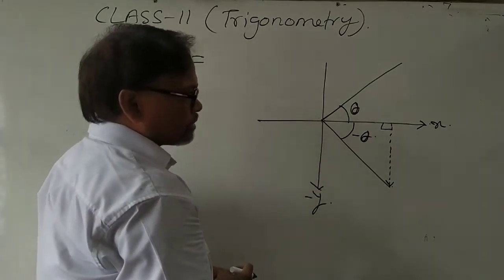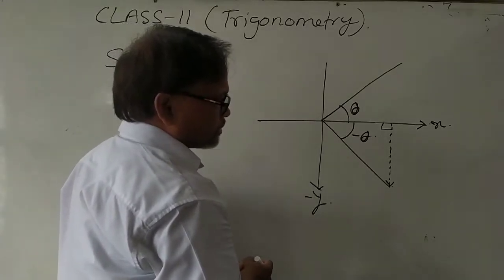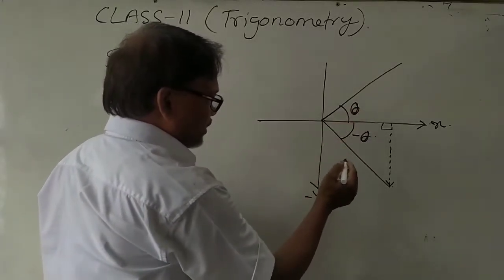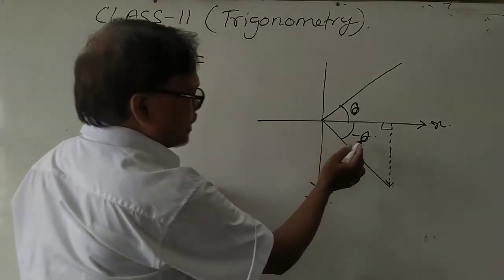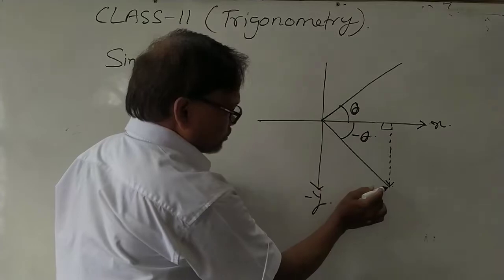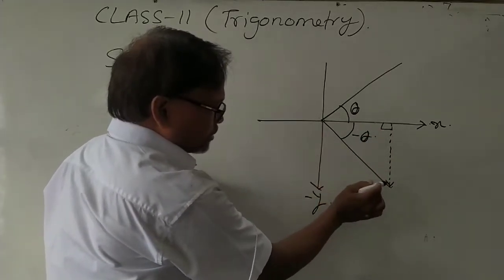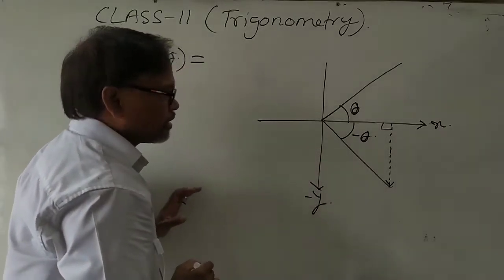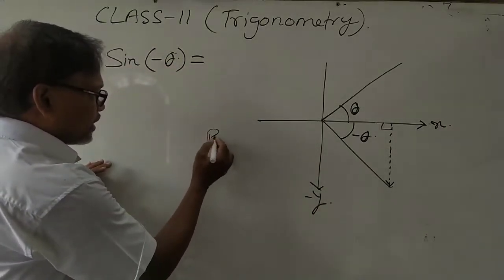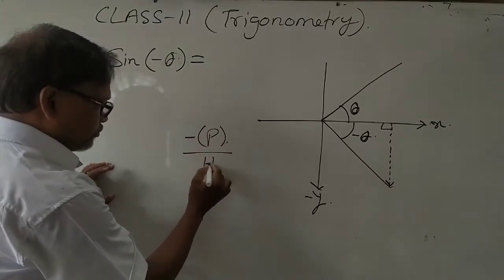In this case, if you want to find sin theta, it comes out here, but what is the sin of minus theta? Perpendicular upon hypotenuse. Perpendicular you are taking in the negative direction, hypotenuse in the positive direction. So perpendicular means minus sign, and hypotenuse.